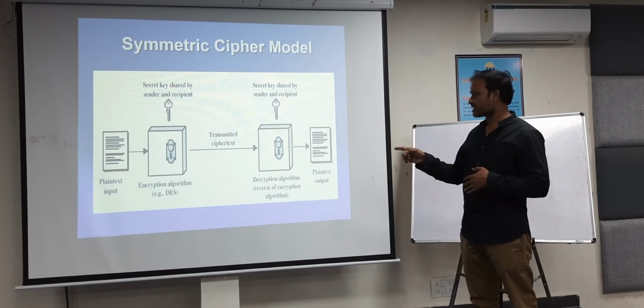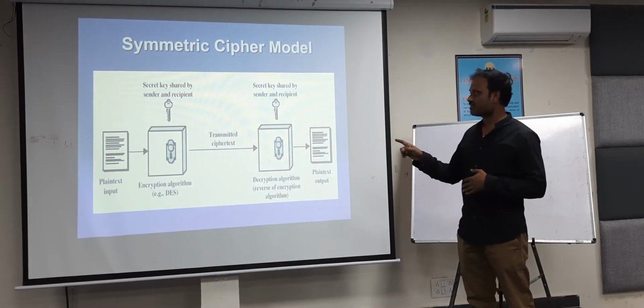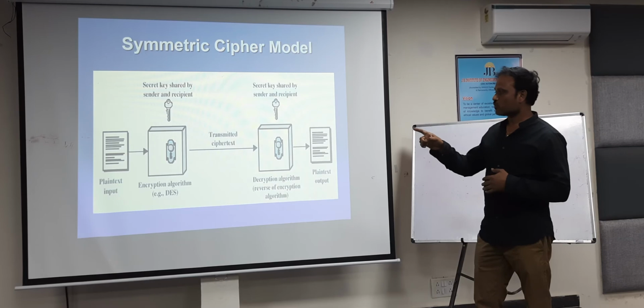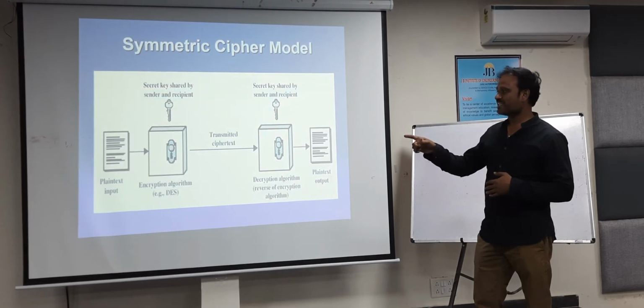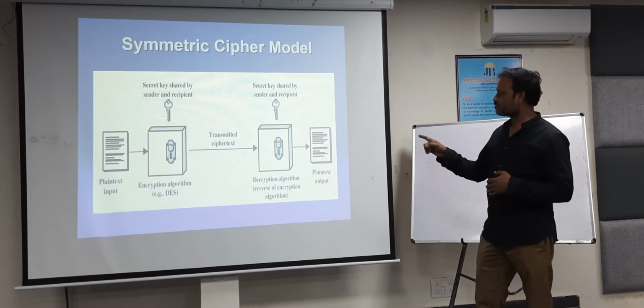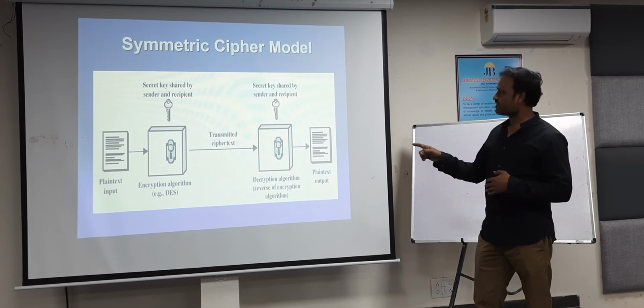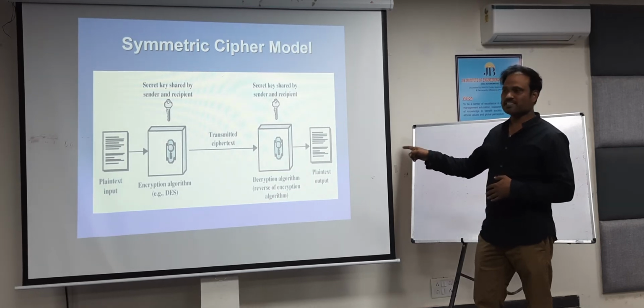On the receiver side, you can see that the same algorithm is used for decryption, with the same key. The main important thing is the secret key. Whatever key is used by the sender for encryption, the same key is used by the receiver for decryption. This is exactly the reverse of the encryption algorithm, and finally we see plain text as output on the receiver side.